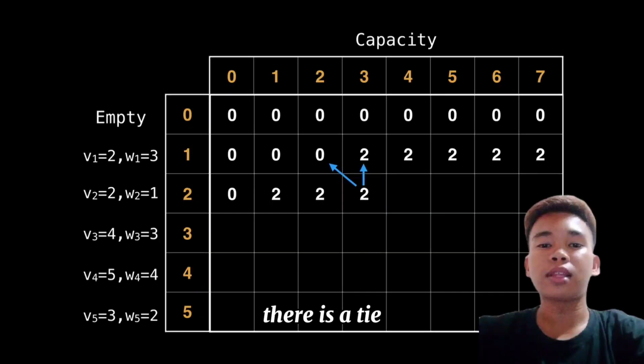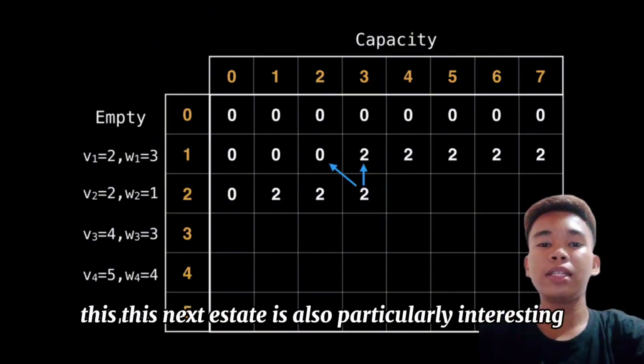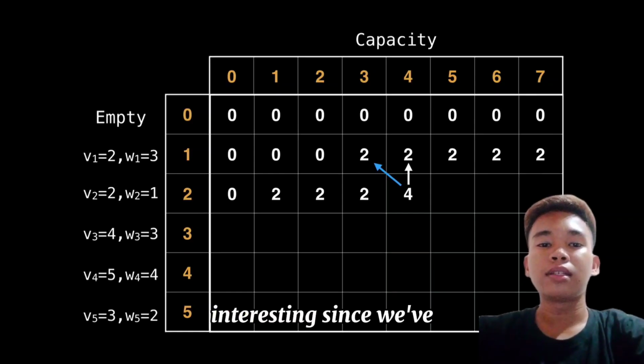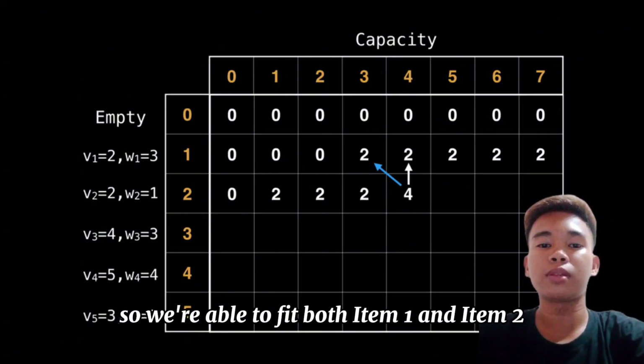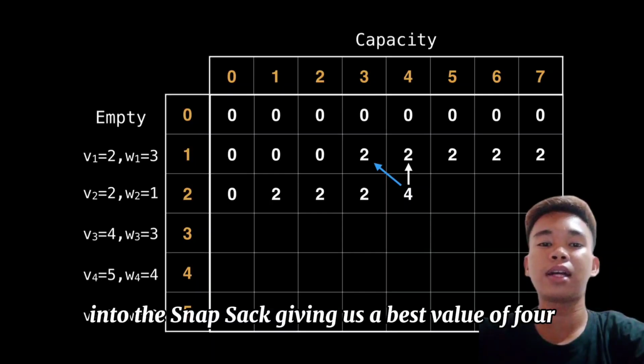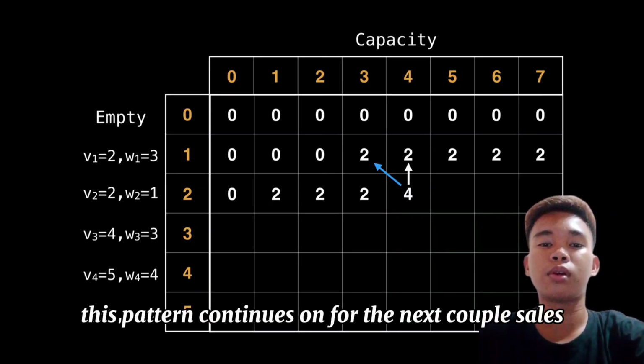So there is a tie, and in either case we'll get a best value of 2. This next state is also particularly interesting since we've increased the capacity of our knapsack to 4, so we're able to fit both item 1 and item 2 into the knapsack, giving us a best value of 4. This pattern continues on for the next couple of cells.